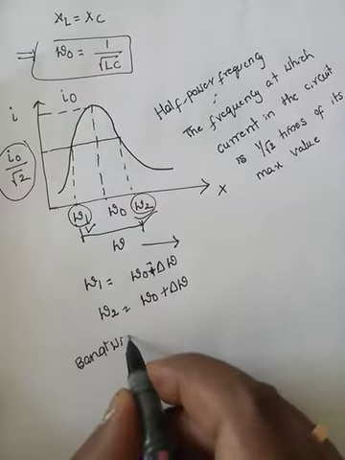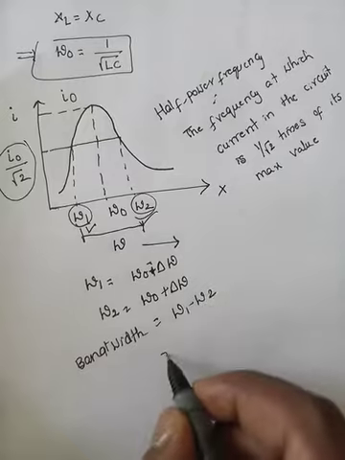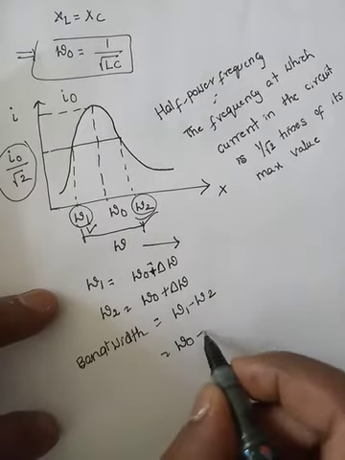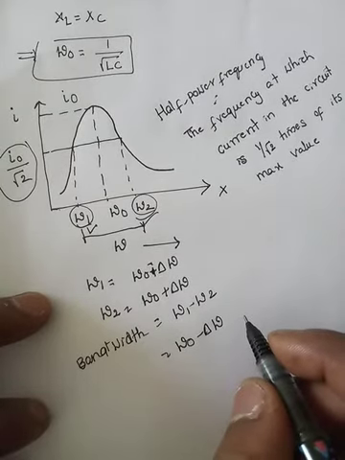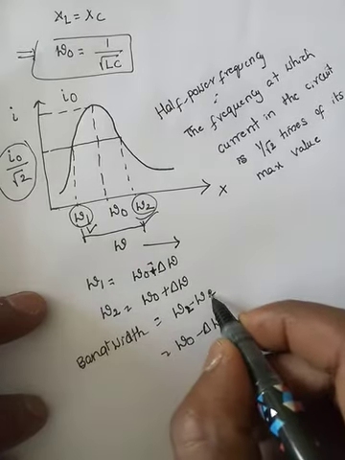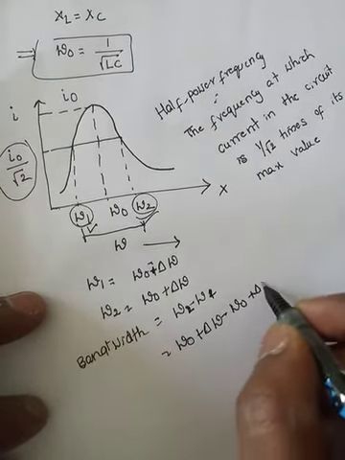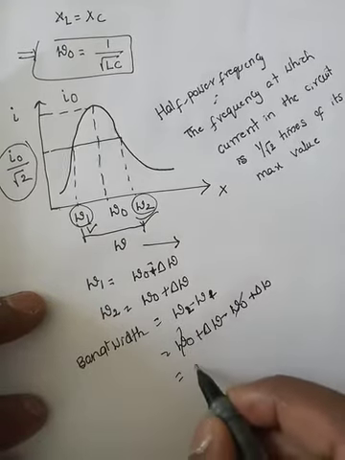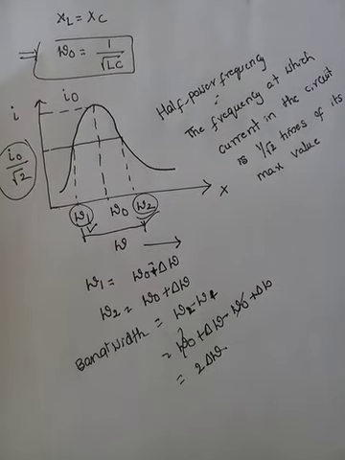So, bandwidth is equal to, sorry, omega 2 minus omega 1, that is omega naught plus delta omega minus omega naught minus delta omega. What do you get? 2 delta omega. So, this is the bandwidth of the frequencies that lie on either side of the resonant frequency.